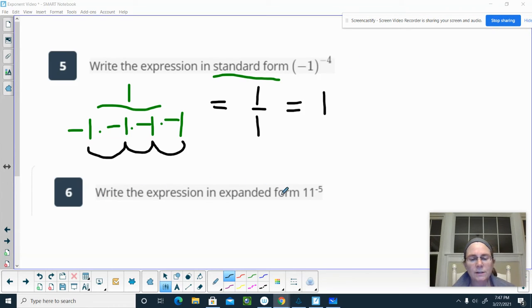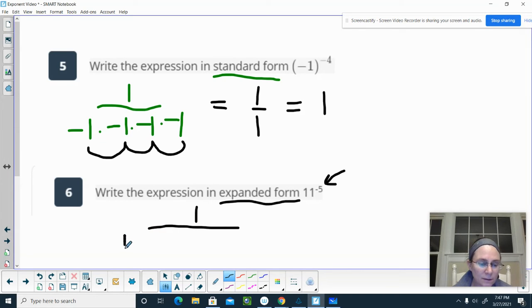Write the expression in expanded form. All right, now, expanded form, you don't have to multiply anything out. We have a negative exponent, so we're going to start with a 1 in the numerator. And our denominator is going to be 11 times itself 5 times.